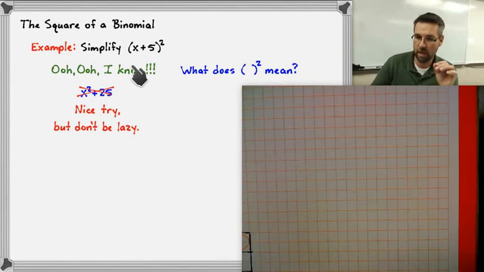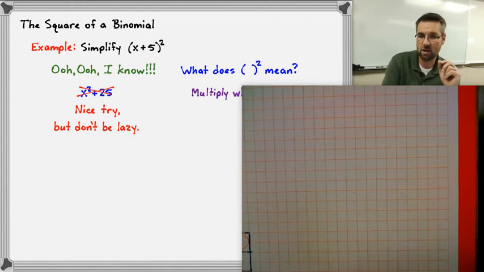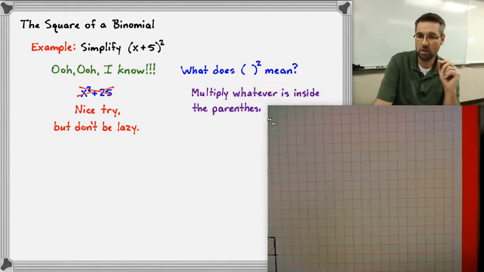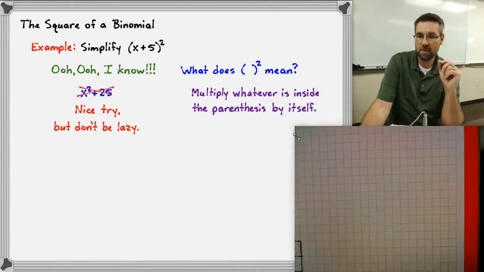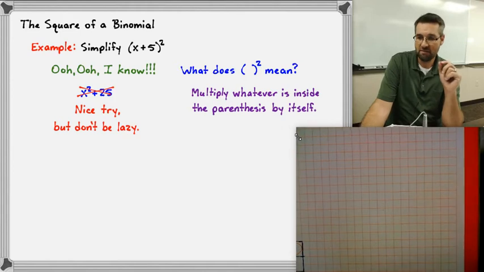You might go, well, I know that 5 times 5 is 25. That's why I put 25. Yeah, I know, but we are not just squaring the 5 and the x separately here. We're squaring the entire parentheses, okay? So what this means actually is that x plus 5 squared turns into x plus 5 times x plus 5, okay?